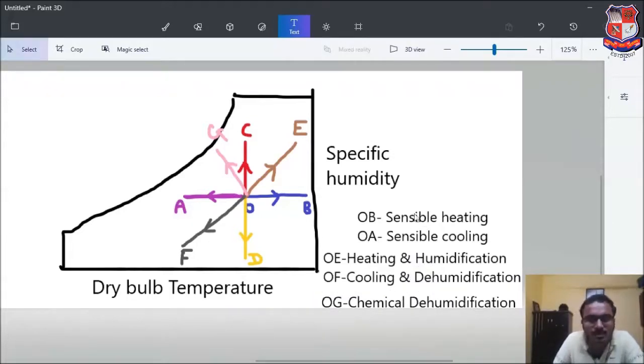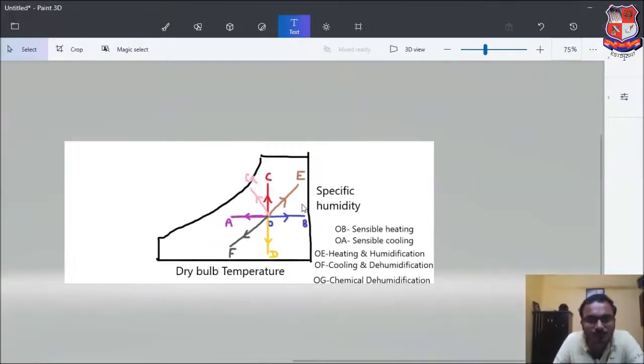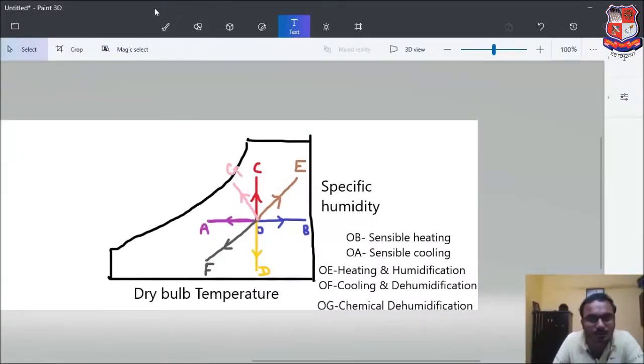So these are all the processes, and we will study in detail about all these processes one by one. So we can take this into our presentation now.